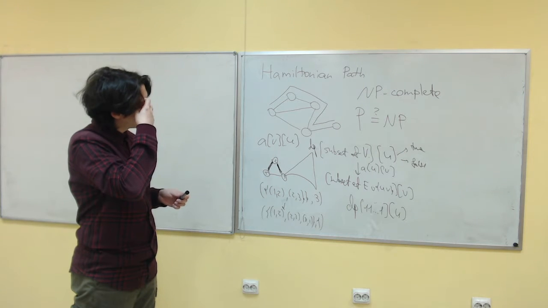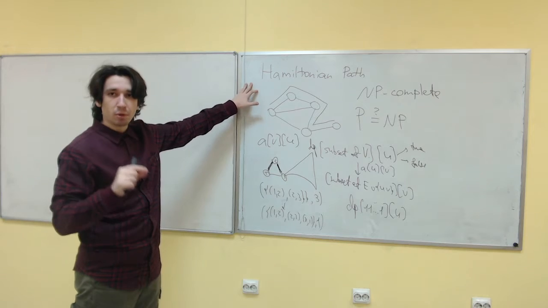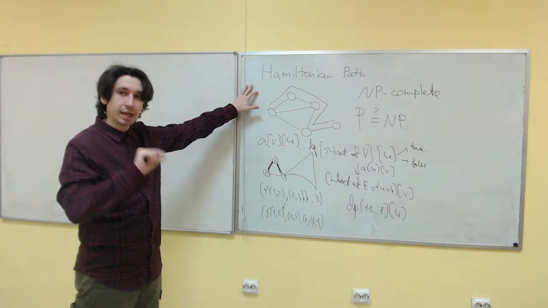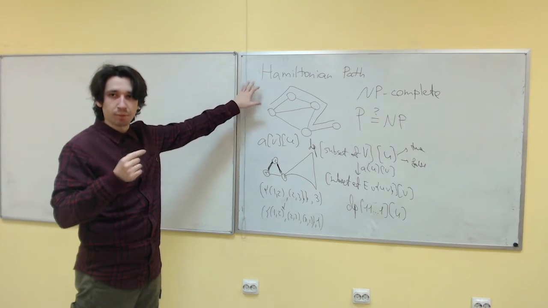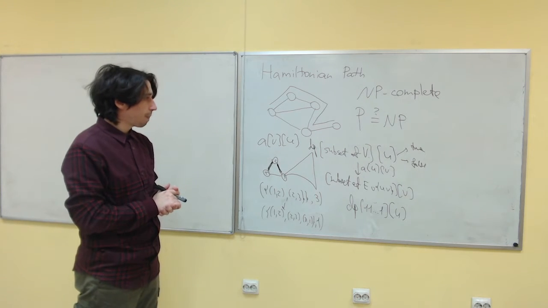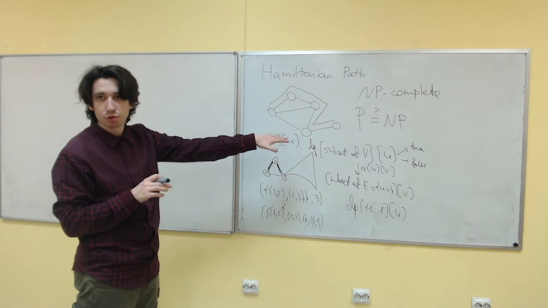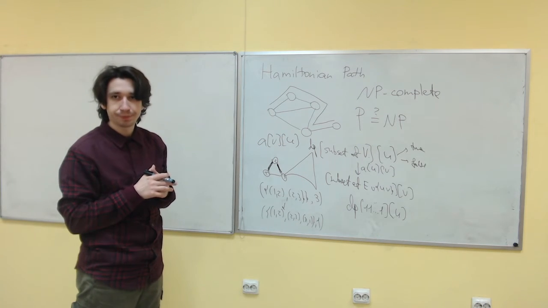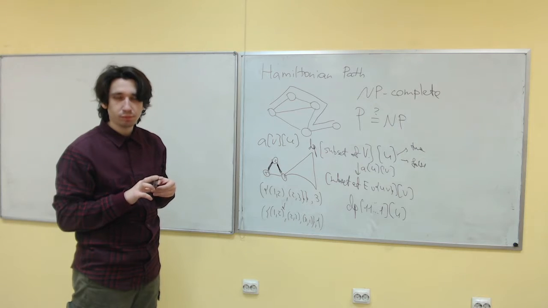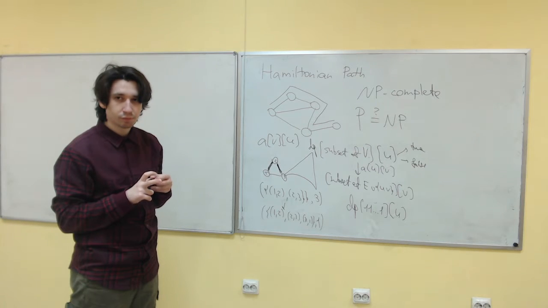An interesting question: what if we want not a Hamiltonian path but a Hamiltonian cycle? It's also an NP-complete problem, because they are similar to each other. What would you add to the state to solve this cycle problem? Maybe we could store something about where we begin.